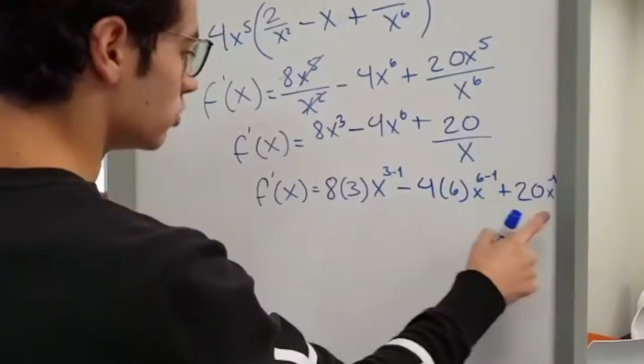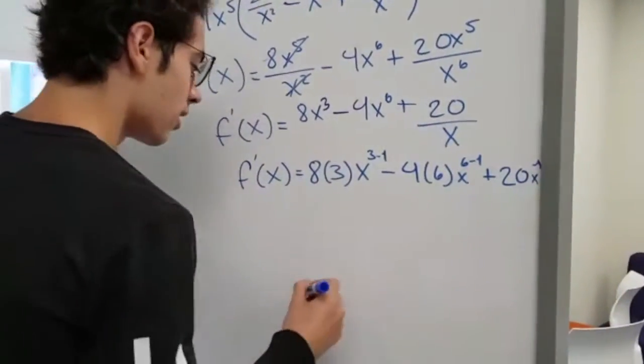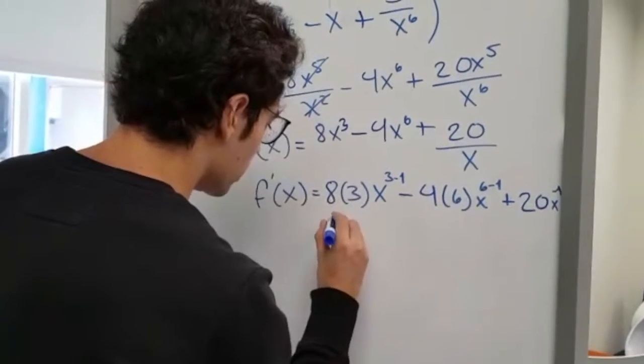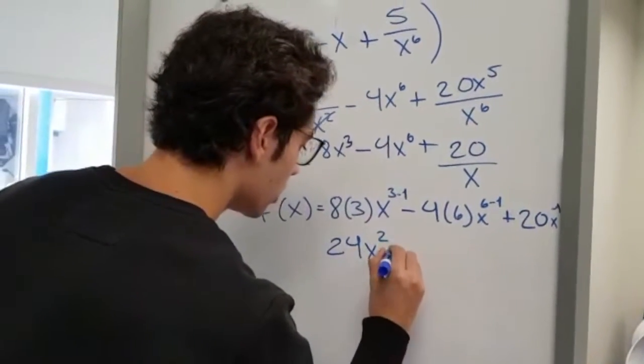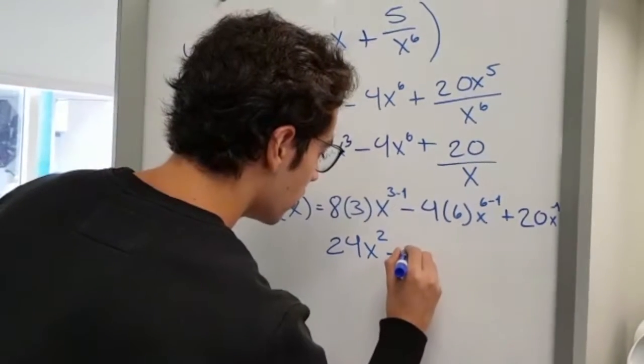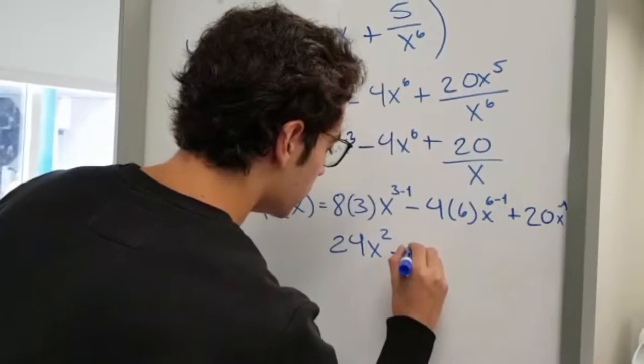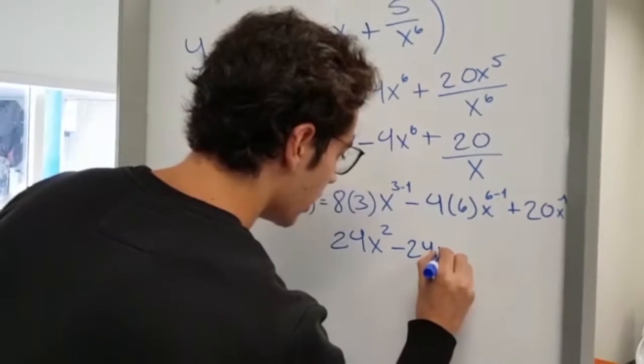Then you start multiplying all these things, and it's going to be 24x squared minus 24x to the 5.